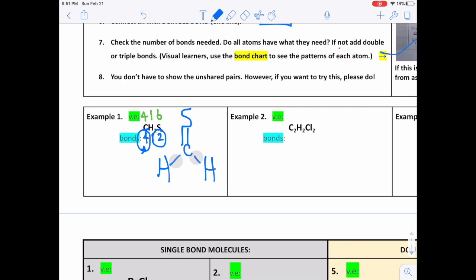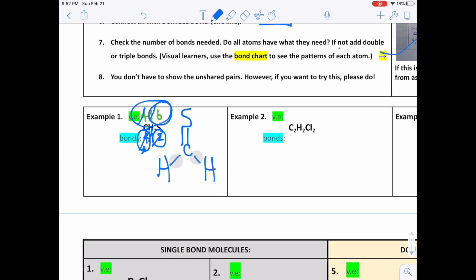Now finally, you don't have to show the unshared pairs. We're focusing more just on the bonds, but it is important to know that they are there. So if you want to try it, you can. I would do that probably by looking at these valence electrons, and I see that carbon has 4 valence electrons and they're all in the bond. So it does not have any unshared dots. And hydrogen has 1 and it's in the bond. But the sulfur has 6 valence electrons and only 2 are in the bond.